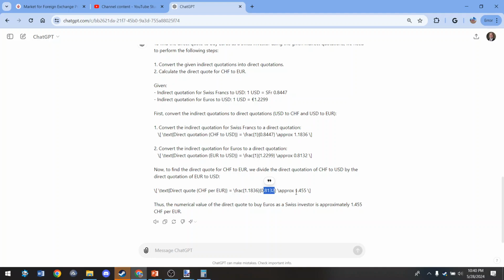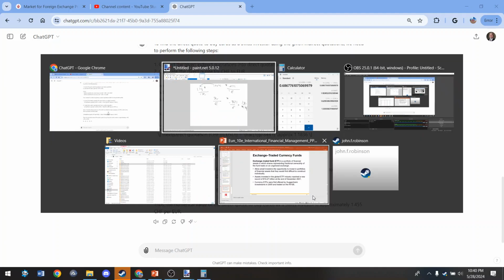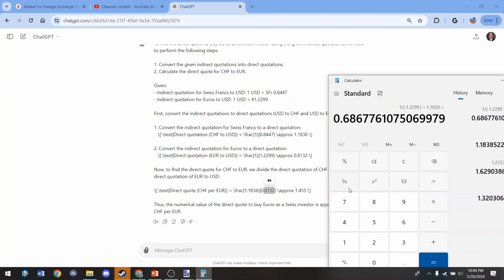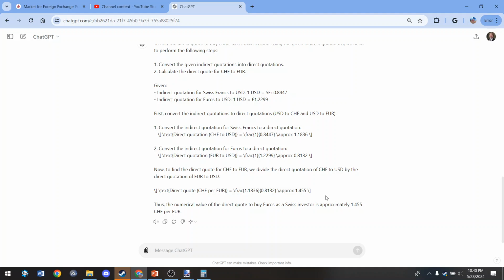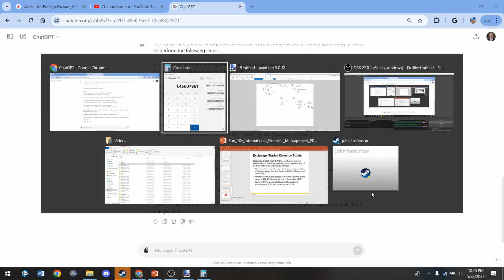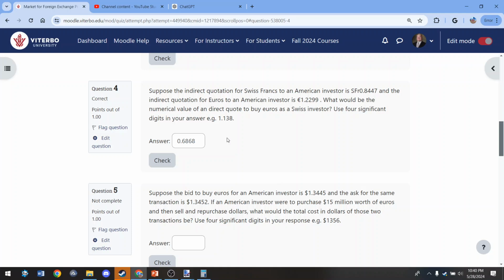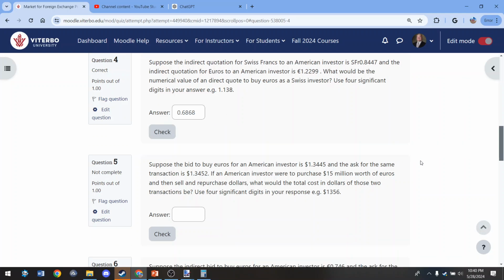In fact, if we took what we got and flipped it upside down, you get that number, 0.456, not 455. The point is, it's wrong, it didn't do it right, but it's close. It can be helpful to help you start structuring, or you can think critically about each of these pieces. But ultimately, for this one, we had to do it on our own to get it.